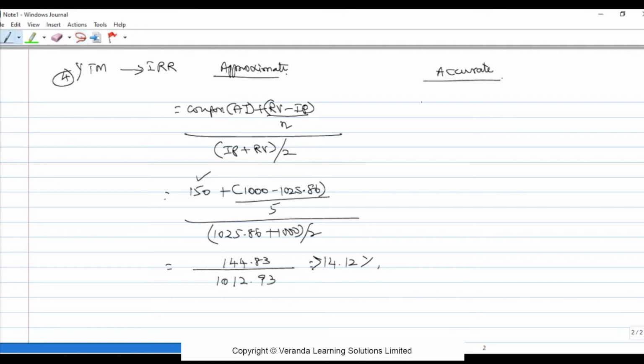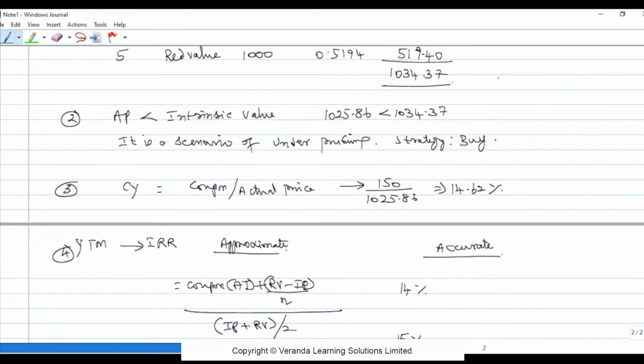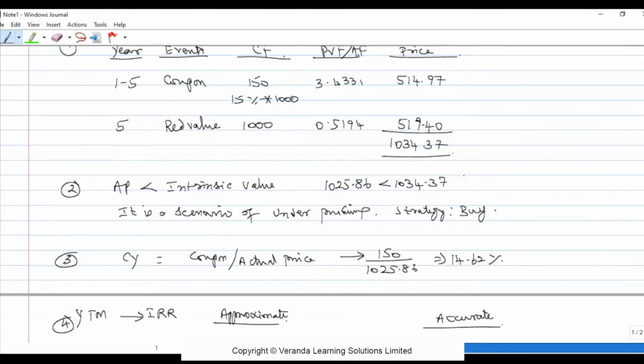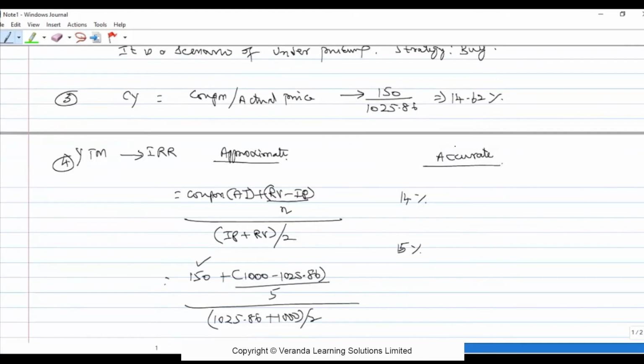Let's watch. In the accurate method, I would like to discount at 14% and at 14%. What is the price at which it will come? I know that at 14%, it is 1034.37.